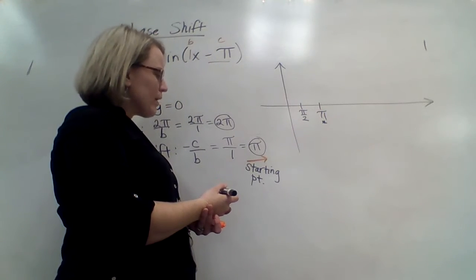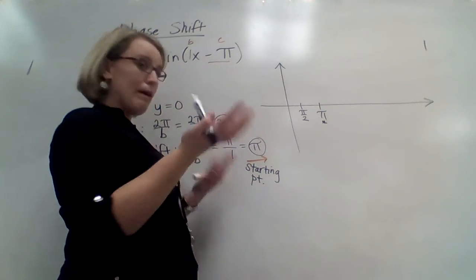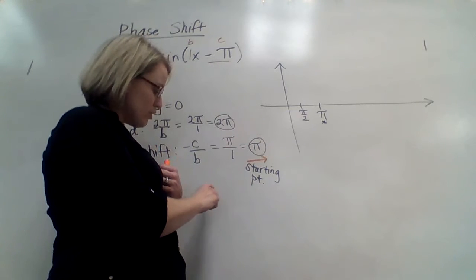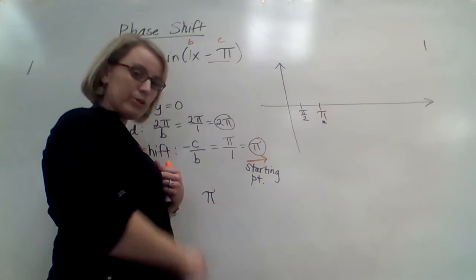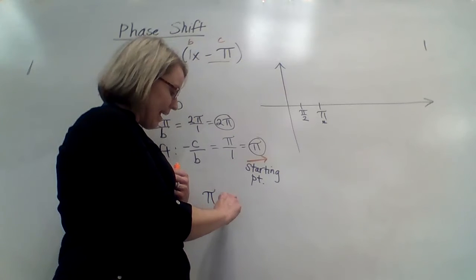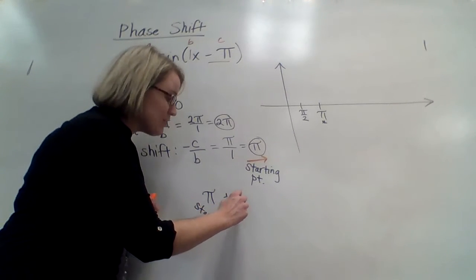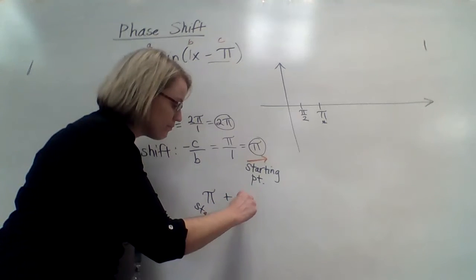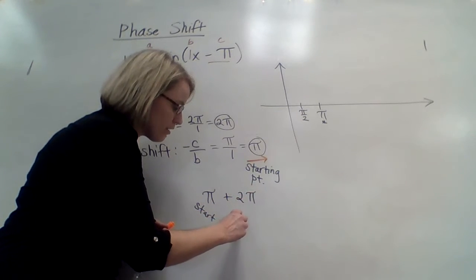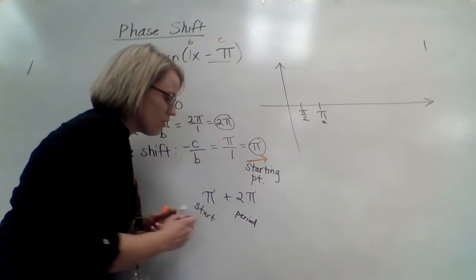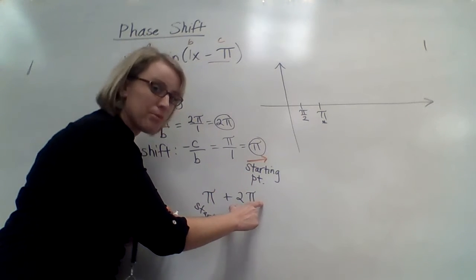And then we're going to end where? That's the question. So what you can do is you can take your starting point, which was pi, and add to it the period value. Now it's 2 pi. So that's the period value, because that's really telling you the horizontal distance in terms of pi.